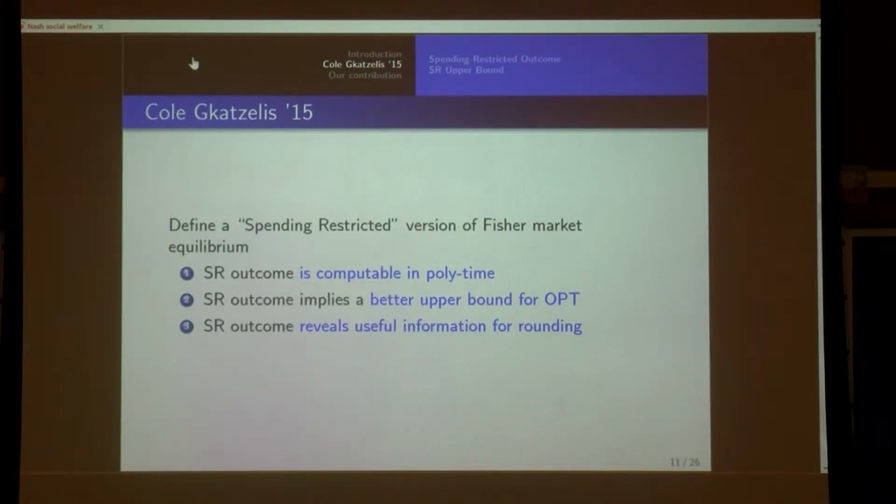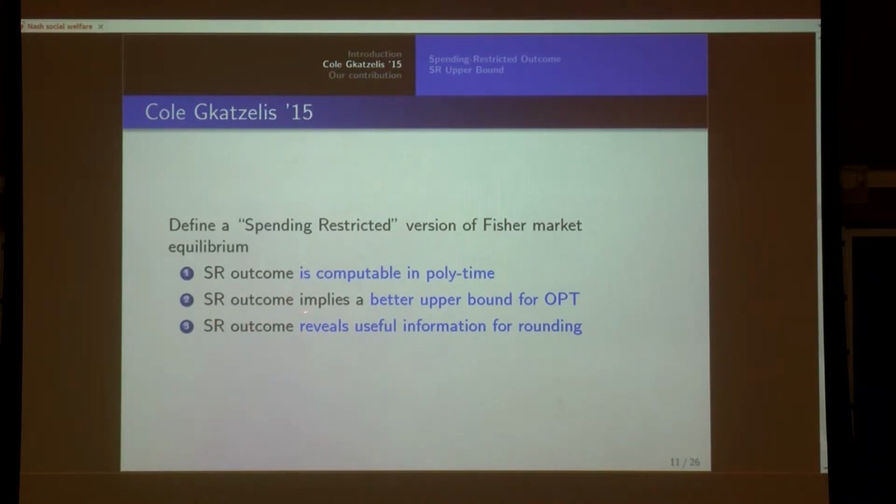So the way Cole and Gkatzelis solve this problem is very non-standard. They define a variant of this market called spending restricted outcomes, and this has many interesting properties. So first of all, they show that there is an algorithm to compute this. They extend this combinatorial algorithm to compute equilibria, to also compute these spending restricted outcomes.